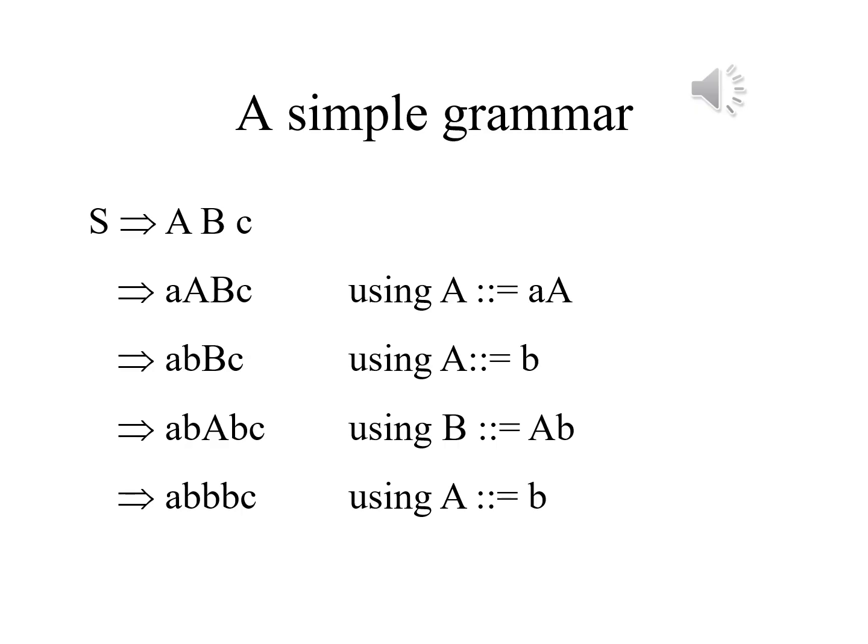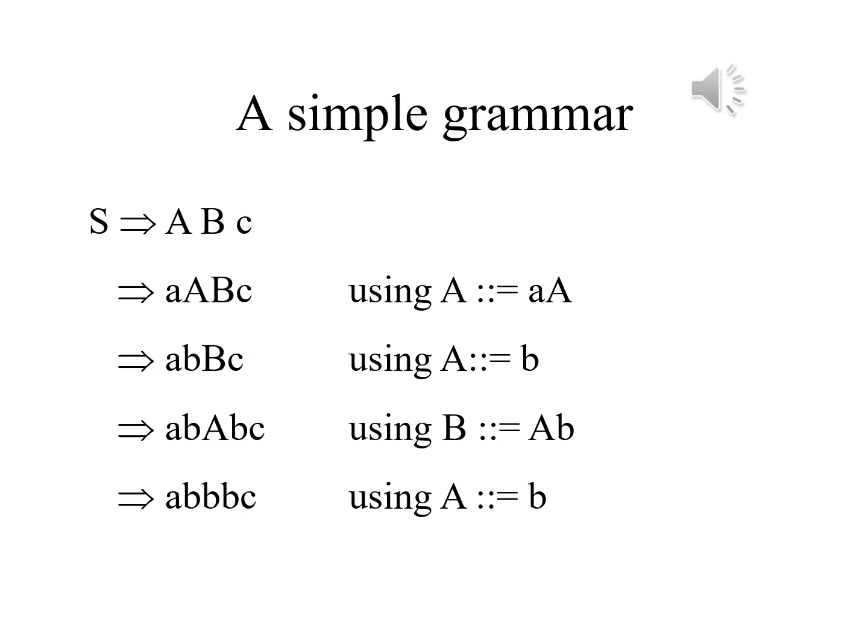We'll begin with S derives capital A, capital B, little c. We can now expand this using capital A derives little a, capital A to get little a, capital A, capital B, little c. By applying capital A derives little b, we can now get little a, little b, capital B, little c.